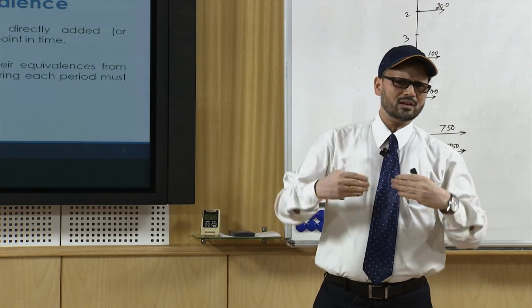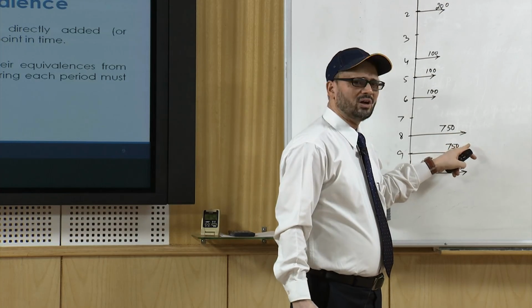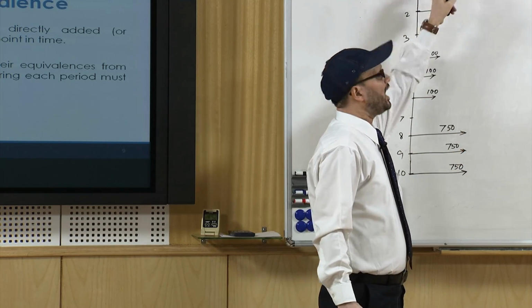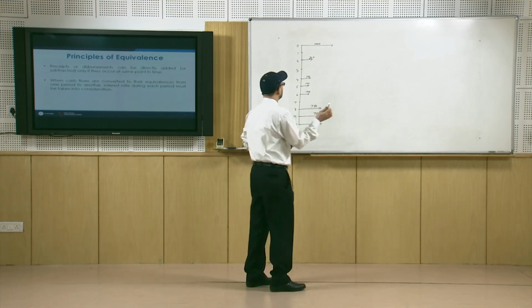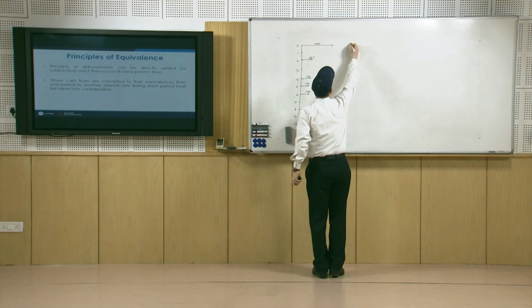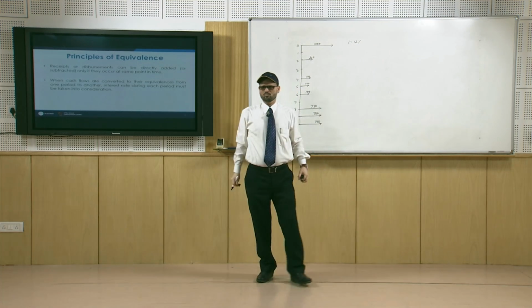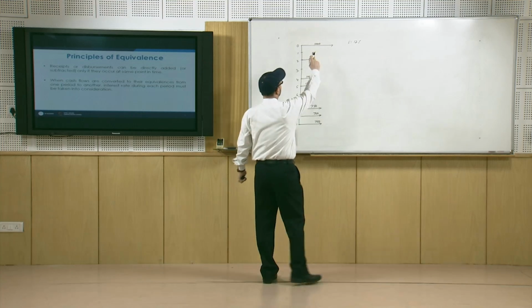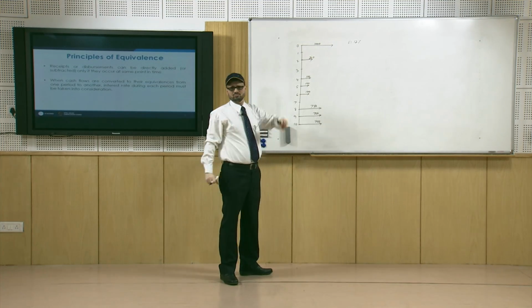We have so far understood how we can get the equivalent value of these amounts at a particular time by using the interest factors, and suppose the interest rate is taken as 12%. So, in this case, what will be the equivalent present worth now?